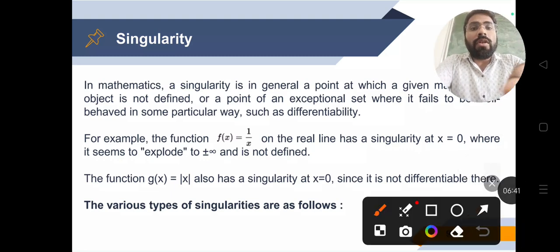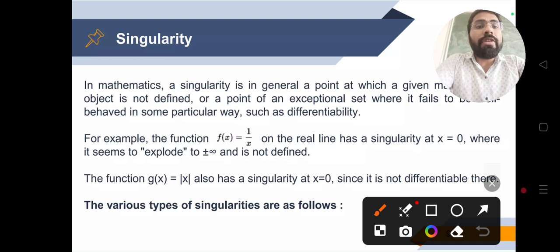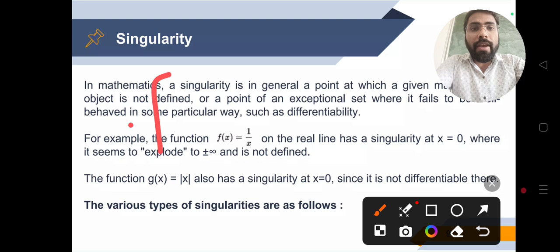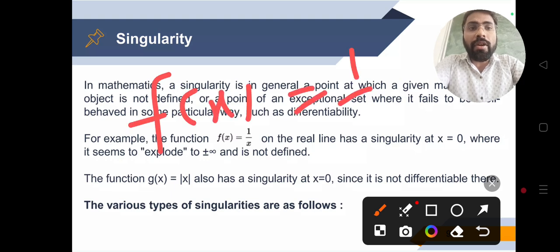So what is singularity? If a function f of z, in real life any object is not defined at some point or exceptional state where it fails to behave in some particular way, such as differentiability. अगर हम रियल लाइन में जाएं, अगर एक फंक्शन हमारे पास यहाँ पे है f of x is equals to 1 upon x.